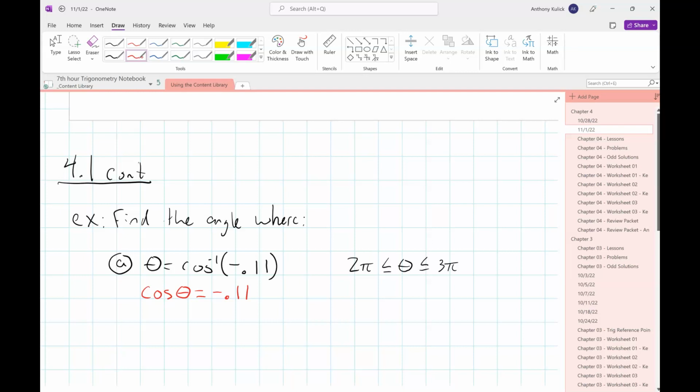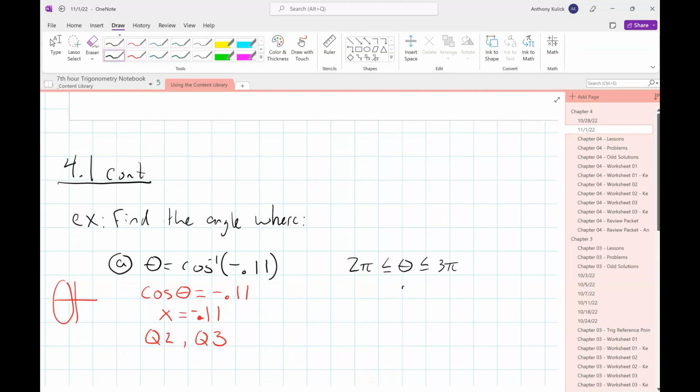And I remember that on the unit circle, cosine is x. So where is the x negative? Well, that happens over here, right? Everybody agree with that? That's where x is negative. So that would be quadrants 2 or 3. So far, so good.